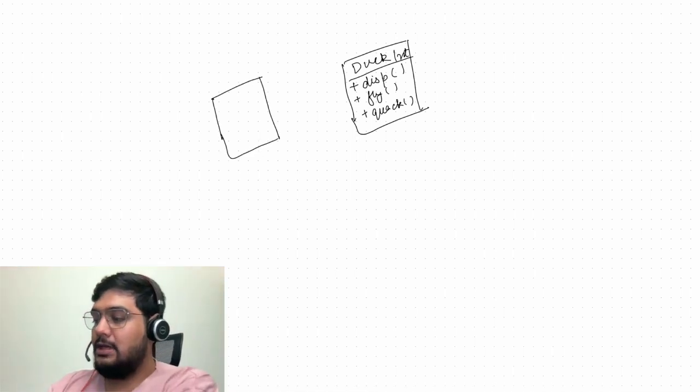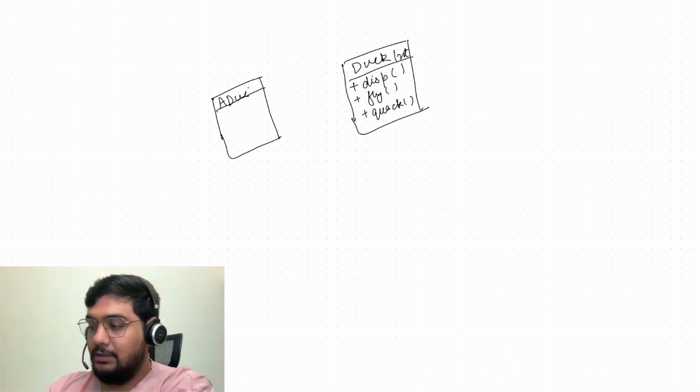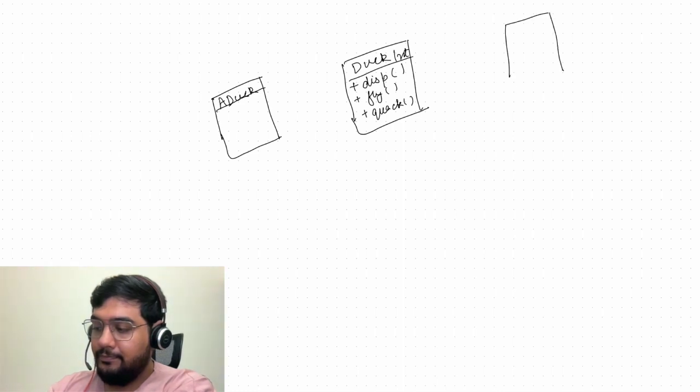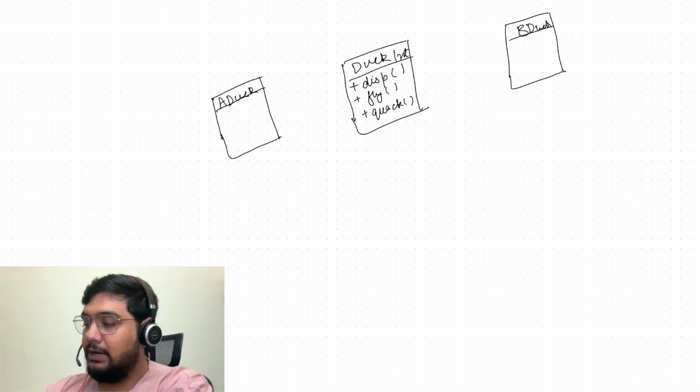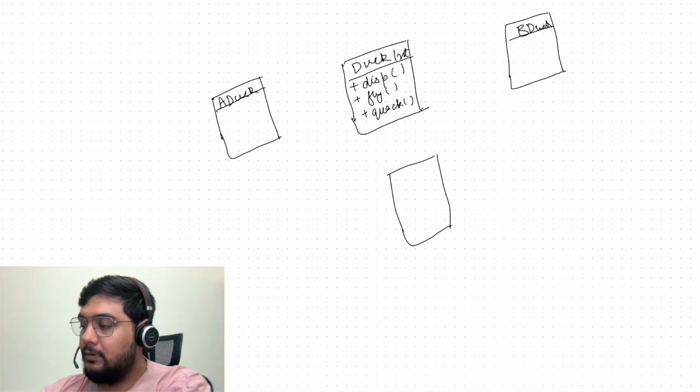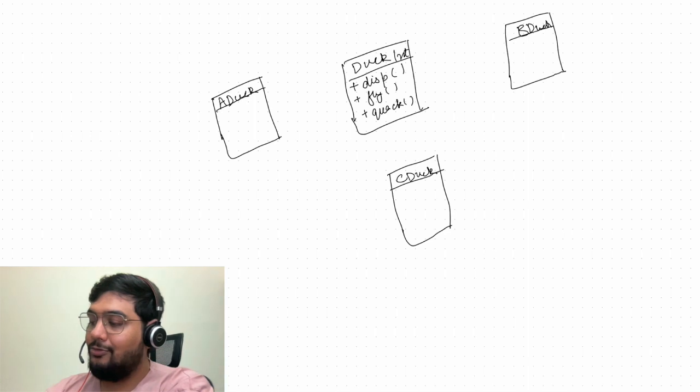Let's say there are three different kinds of ducks. One is A duck, one is B duck, and I guess you would have deciphered by now the name of the third duck. Correct.